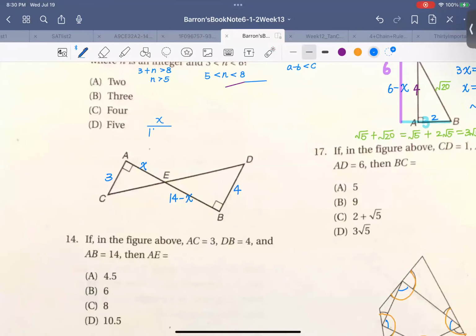X divided by 14 minus x is equal to 3 divided by 4. Good. And then you know the cross multiplication? Yeah, 42 minus 3x equals 4x. So 42 equals 7x and x equals 6. Good. So the answer is B. Yes, that's it. Make sense now?